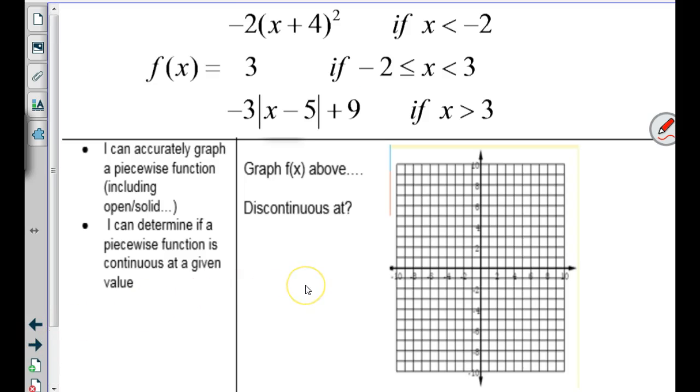So now we're supposed to graph this. All right. So this is what shape, guys? It's a parabola opening down, shifted left 4. So over here at -4, 0 is the vertex, and it's going down 2, but it doesn't keep going down 2.